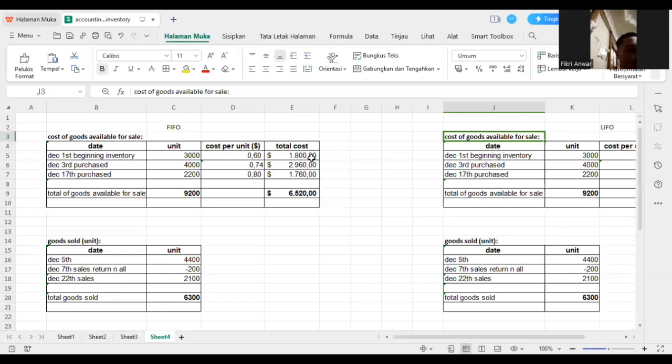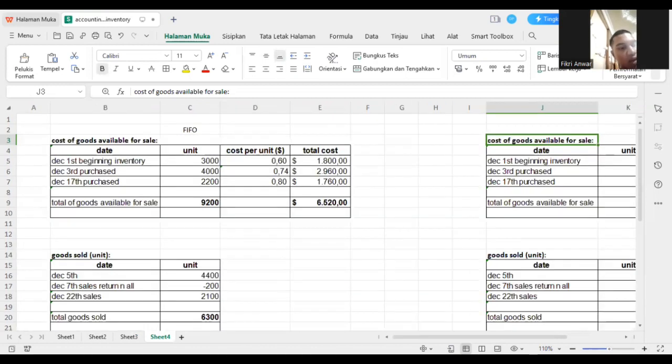After that, we can compute ending inventory and cost of goods sold for Vivo and Livo, assuming the analyzed company uses the periodic inventory system. On the Vivo one, cost of goods available for sale. On the first date of December, in beginning inventory, we have 3,000 units, and for the cost per unit, we have $60.